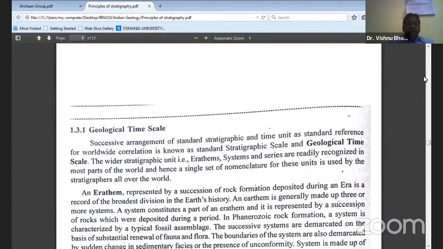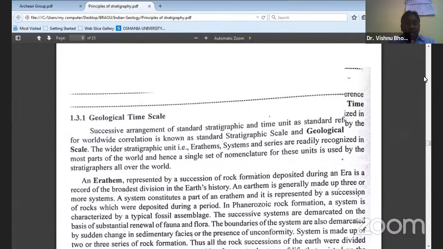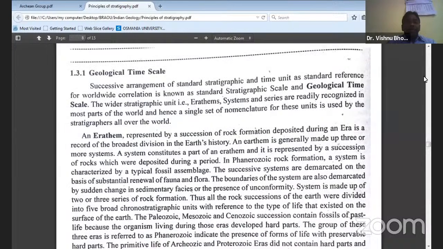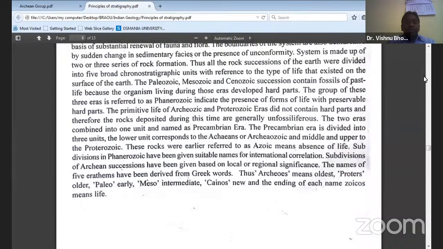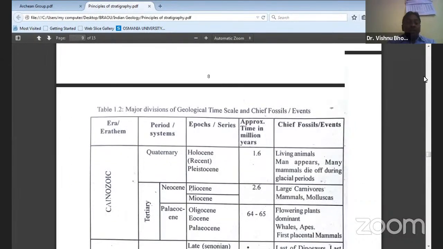And one more thing: actually there was no life when the earth was formed, around 4,600 million years ago. If we go back to that time, there was no life. So that age or era is called the Azoic.